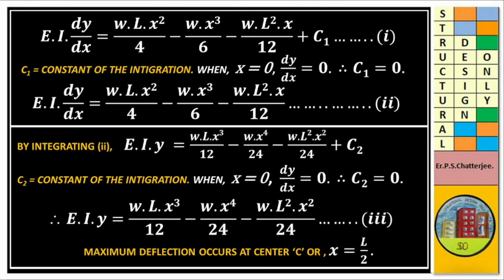When x is equal to 0, y is equal to 0, C2 is equal to 0. Therefore, EIy is equal to W into L into x cube divided by 12 minus W into x to the power 4 divided by 24 minus WL square into x square divided by 24. This is our equation number 3. Maximum deflection occurs at C, that is x is equal to L by 2.